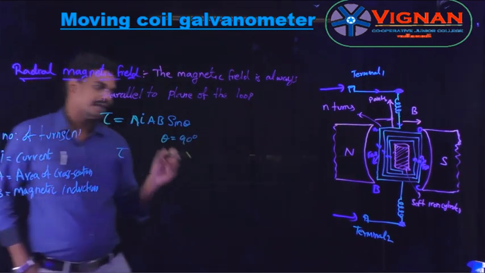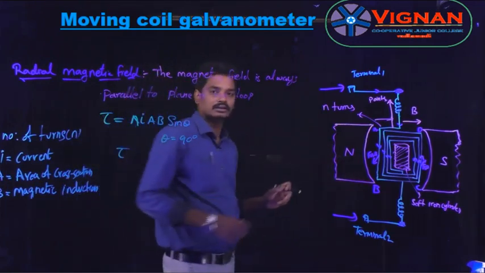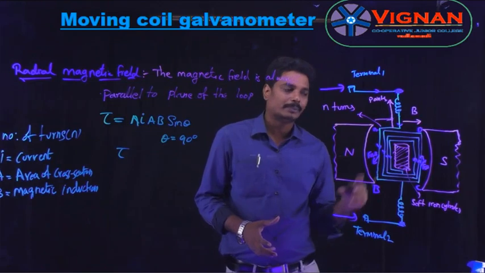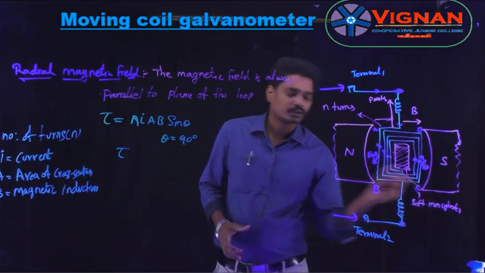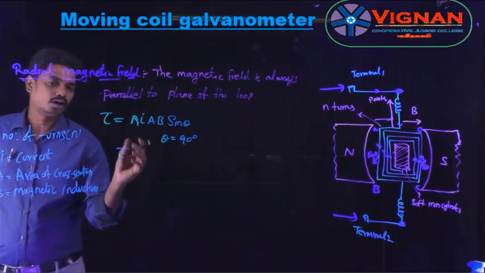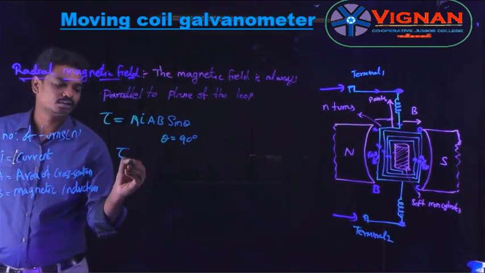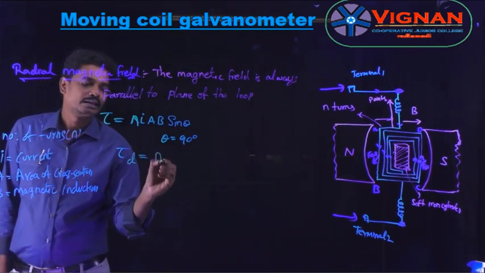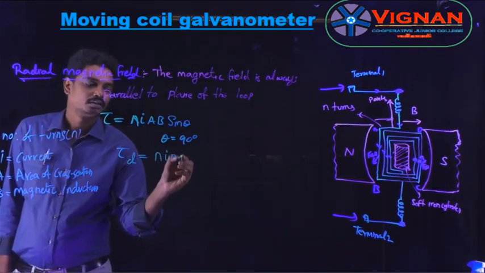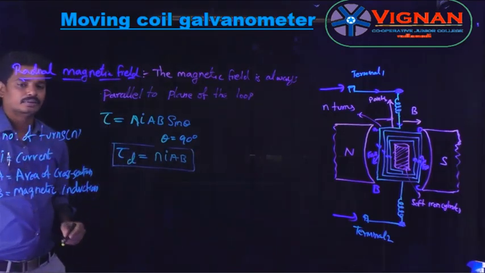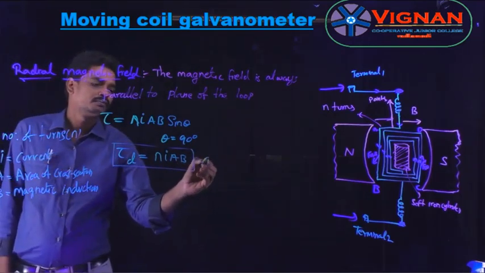To generate maximum torque and maximum magnetic field, a soft iron cylinder is used. This maximum torque is also called the deflecting torque. The deflecting torque tau d is equal to NIAB. Let it be equation 1.